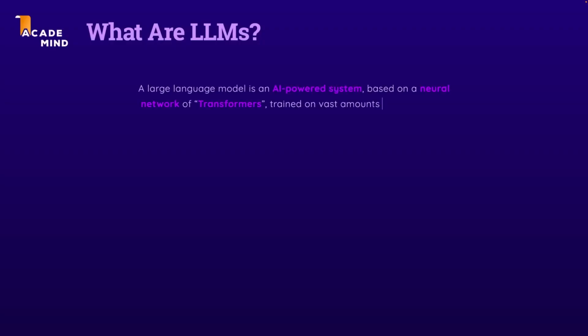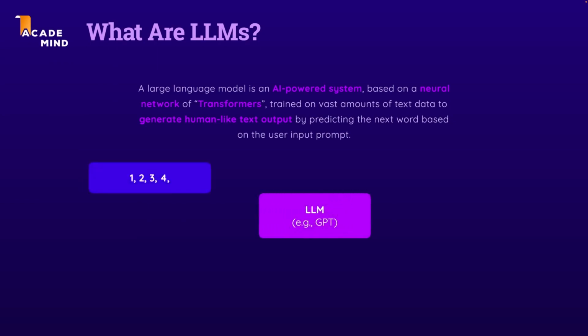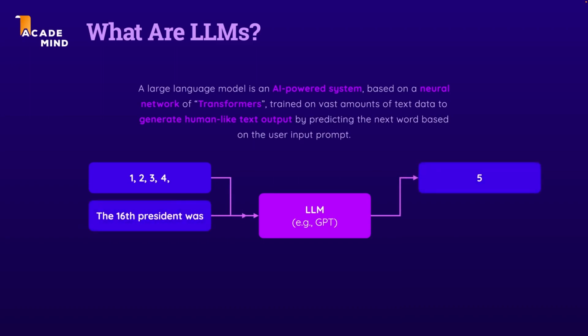So the whole idea behind large language models, which are in the end based on so-called neural networks of transformers, and I'll get back to that in a second, is in the end to take some input, some text as input, and to then produce some output to complete a sequence of words.